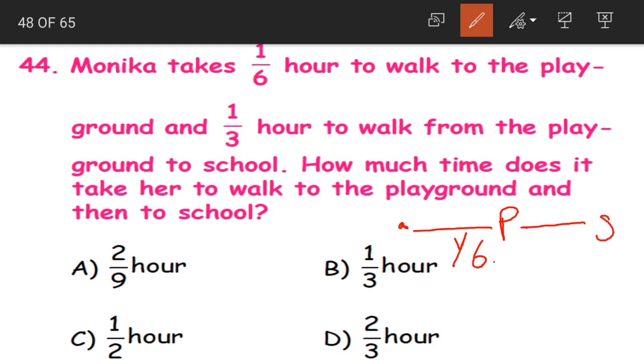From there to her school, it takes 1 by 3 hour. We have to find out the total time. How will we calculate? We have to add these two together. Yes, 1 by 6 plus 1 by 3.